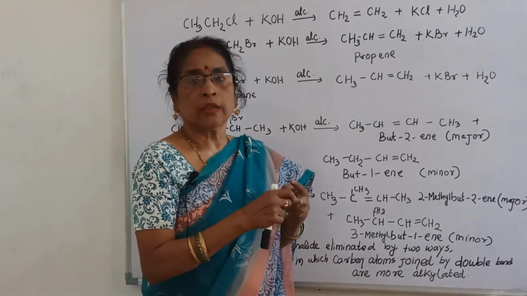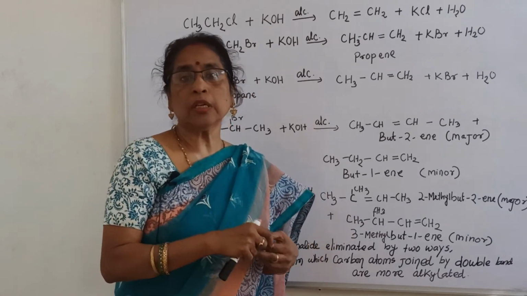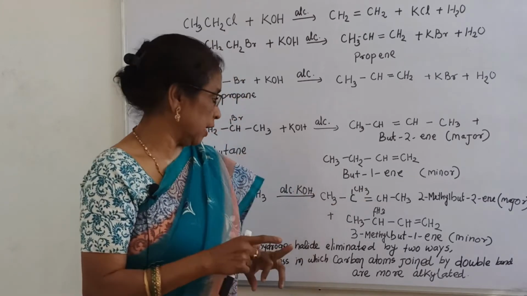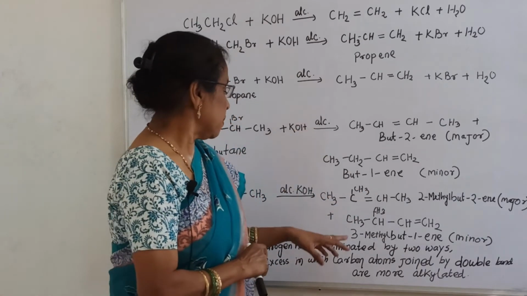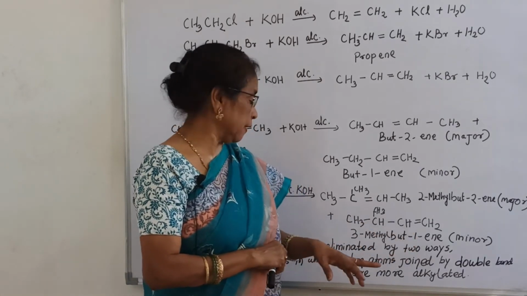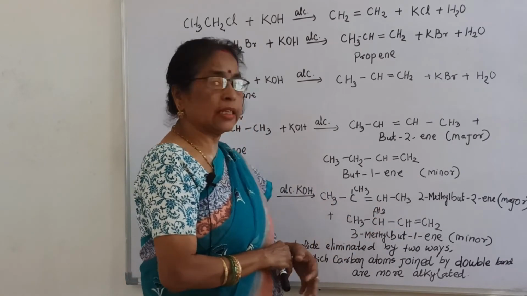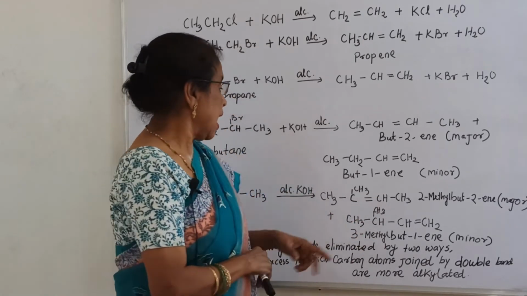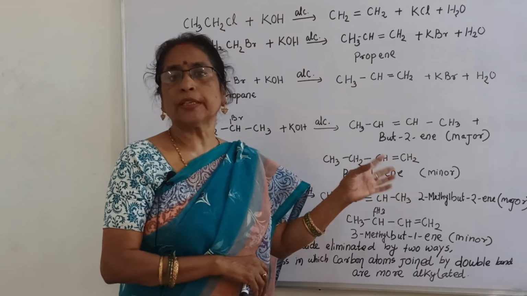You count the number of alkyl groups, not the number of carbon atoms. In the first case, 2-methylbut-2-ene, there are totally 3 alkyl groups. But in the second case, which is minor, 3-methylbut-1-ene, this side has no alkyl group and this side has only one alkyl, isopropyl, so it is monoalkylated, while the first is trialkylated.